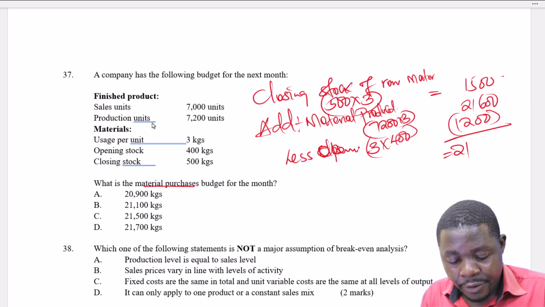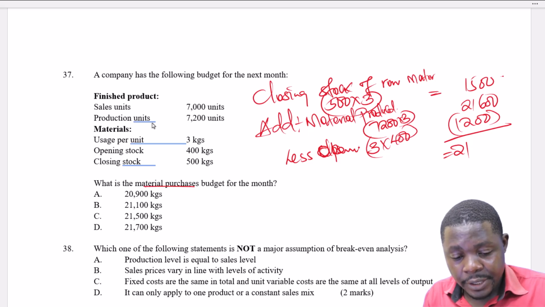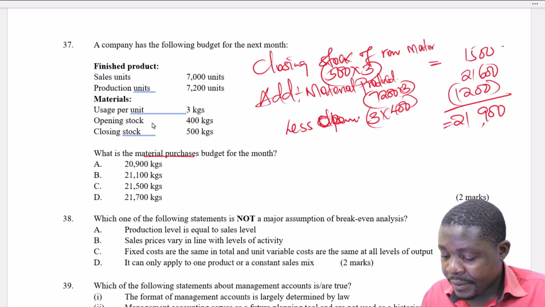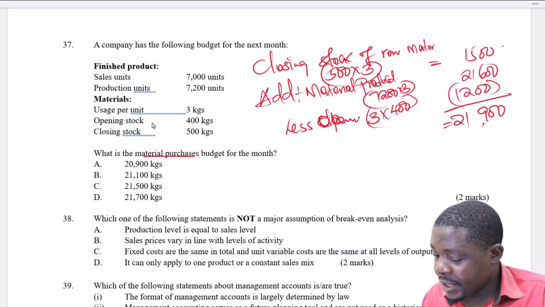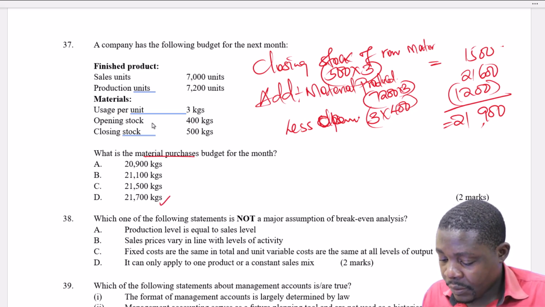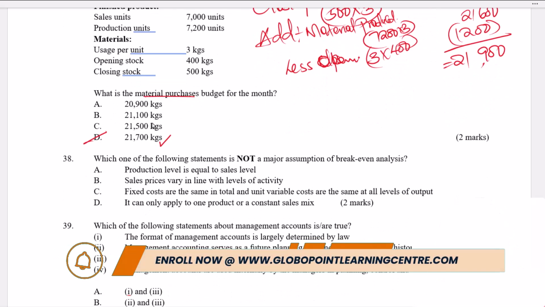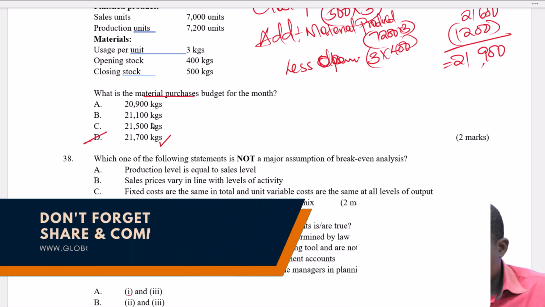That's 1,500. We are adding to 21,600. Then whatever we get, we minus 1,200. We get 21,900. And the one that we are having here, they gave us 2,900 instead of that. We pick the one that is closer, which is D. Which is supposed to be 21,900.